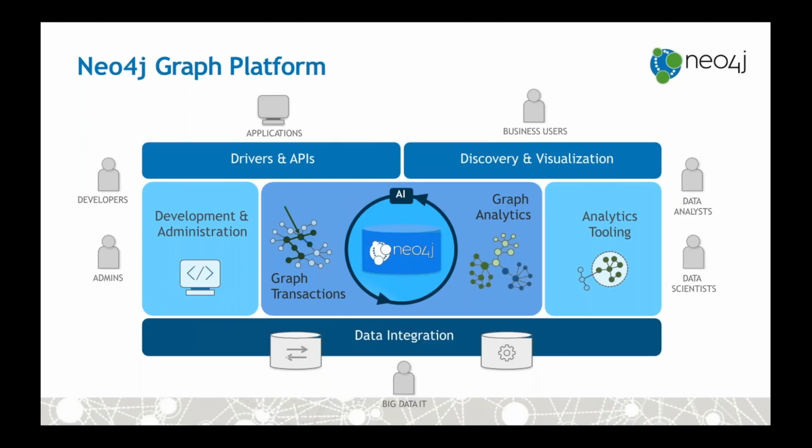And around the actual property graph database, we've now extended that to this idea of the Neo4j graph platform, and essentially you can see around it there's a lot more going on. What we're trying to do is drive relationships as a first-class citizen and the use of graphs beyond developers. In the last 2 years, developers and DevOps people have been our focus.